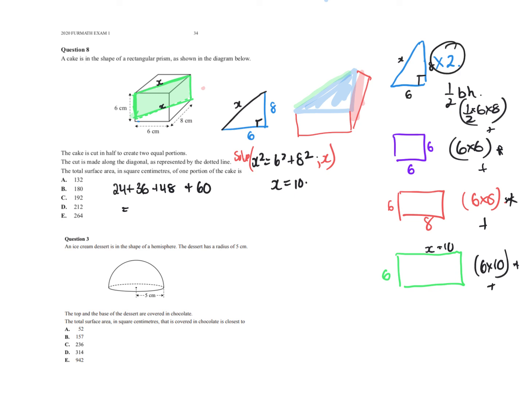Oh, we've got 2 of these, sorry. So that would be 24 times 2. So that's actually 48 plus 36 plus 48 plus 60.